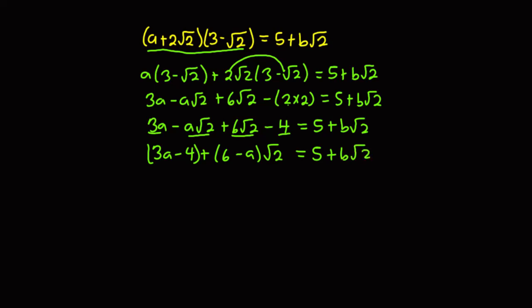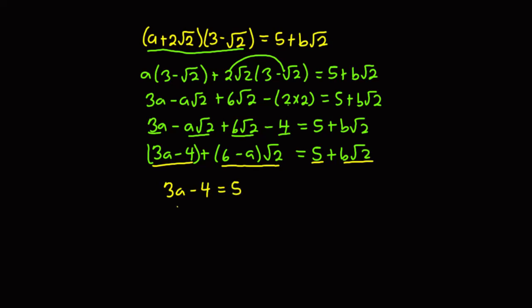So if we take a look at what we have here, we can say that this is not a surd, this is also not a surd, this carries a surd, this carries a surd. So by comparison, we can say that 3a minus 4 is equal to 5.